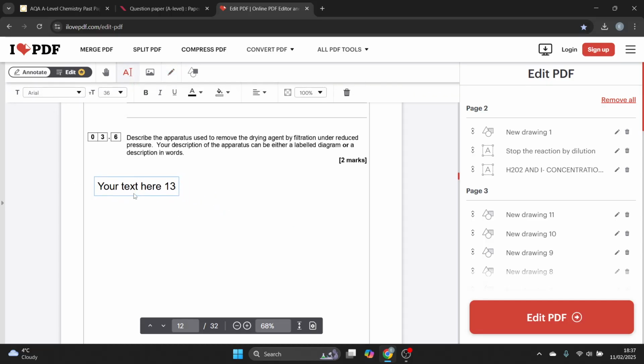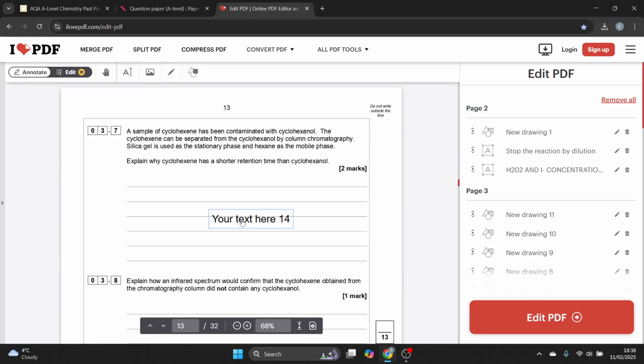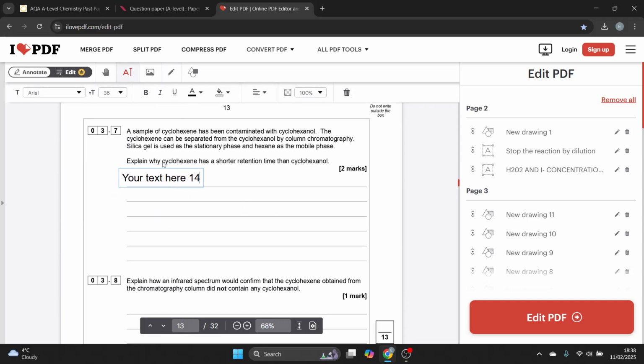That's the description in words. Buchner funnel containing filter paper, Buchner flask with side arm, connected to a vacuum pump. I think they can't just ask you to describe the apparatus, they also have to say description in words as well, because in the textbooks it only has description in words, I'm pretty sure. I can't go through this one. Alright, let's just go through it.